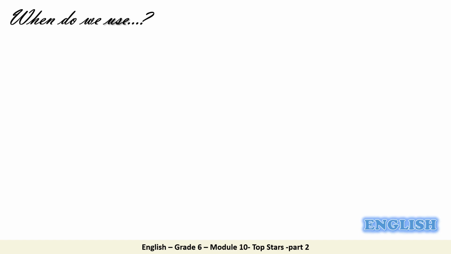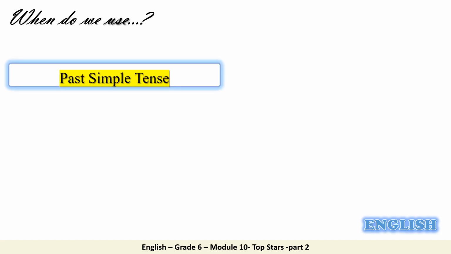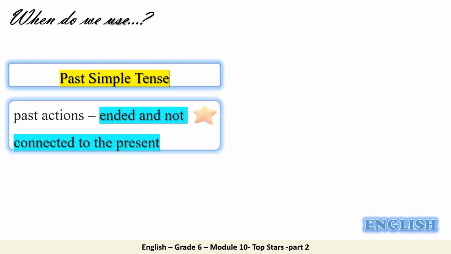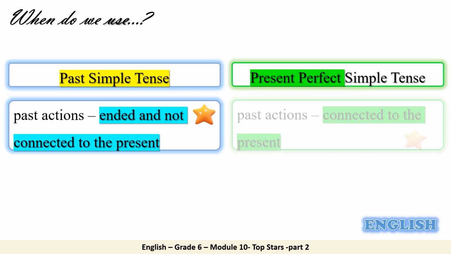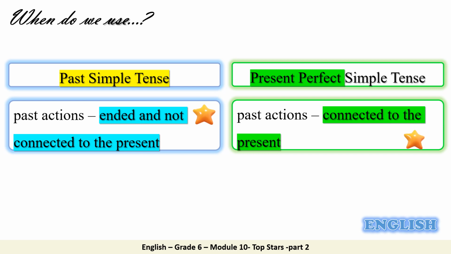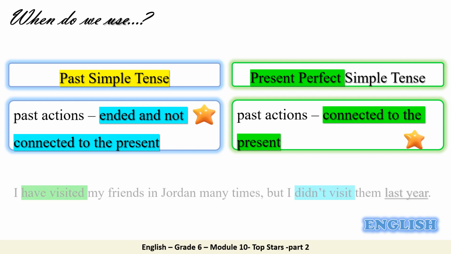Now, when do we use the past simple tense? Past simple tense is used for past actions ended, not connected to the present. So something you did before, okay, and not connected to the present. But the present perfect simple tense is used for past actions connected to the present.